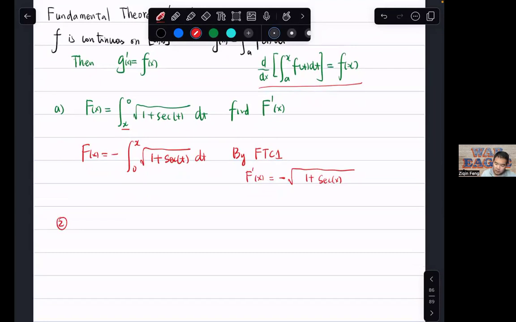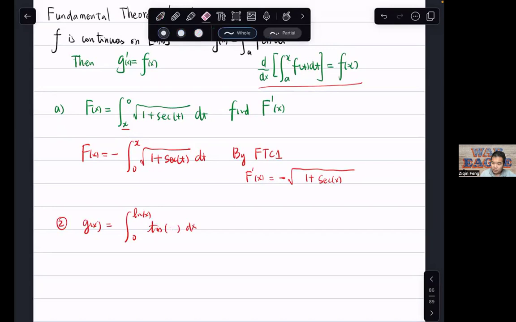Second example is we have a function g of x, which is the integral from 0 to natural log of x of tangent of t squared dt, sorry.